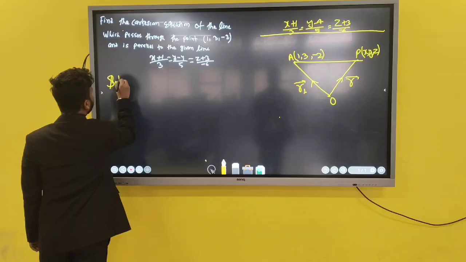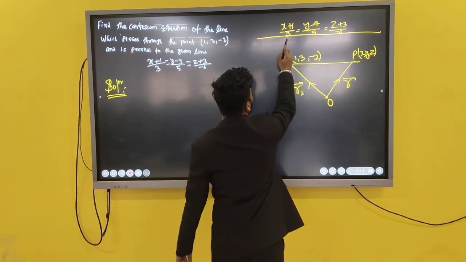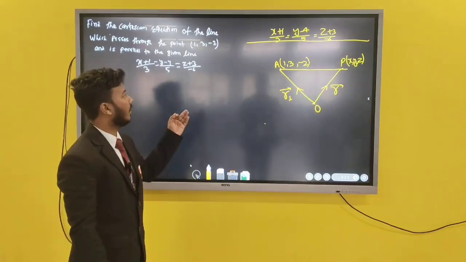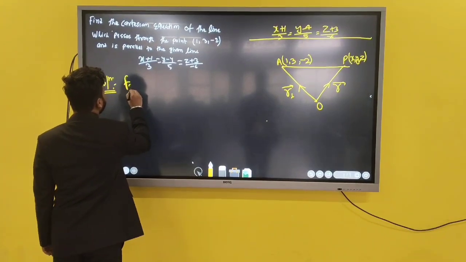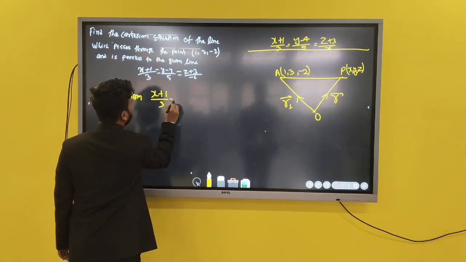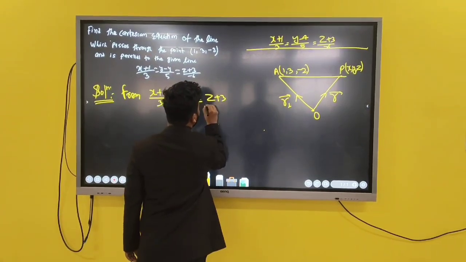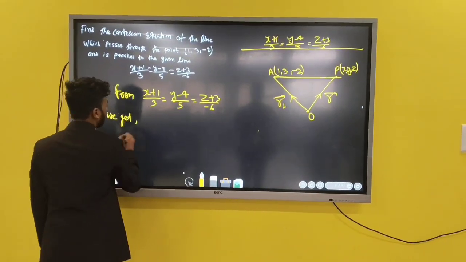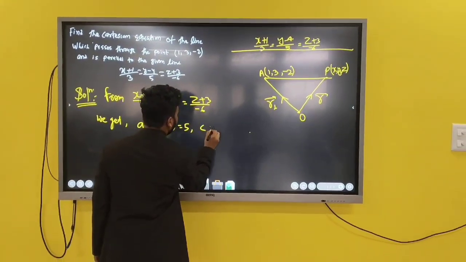As we know, these three numbers, 3, 5 and -6, are the direction ratios, which are a, b, c. From this equation, (x+1)/3 = (y-4)/5 = (z+3)/-6, we get that a = 3, b = 5 and c = -6.